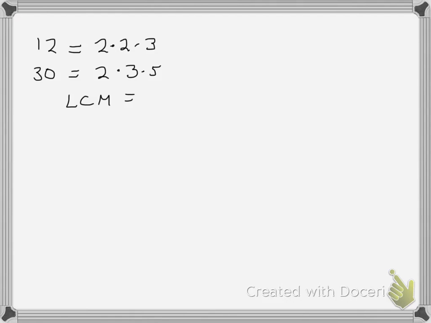The greatest number of 2's in any one would be 2. The greatest number of 3's in any one would be 1. And the greatest number of 5's in any one would be 1. Again, multiplying that out, any choice, I can multiply in any order. I'm going to do 10 times 6 or 60.